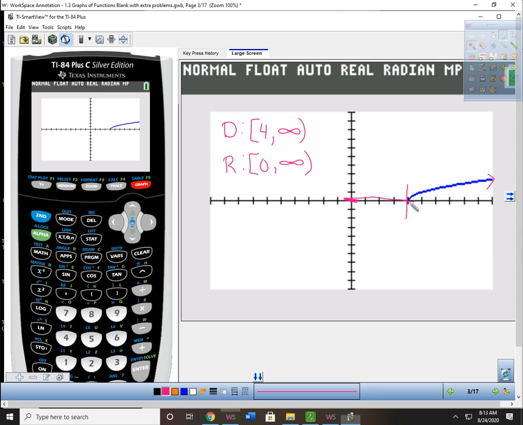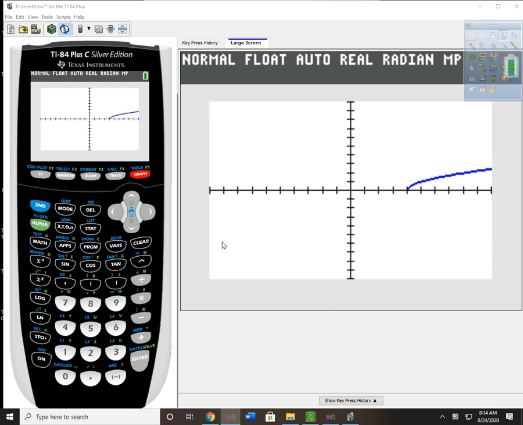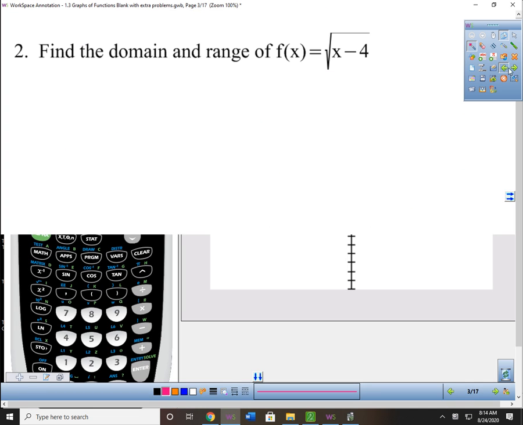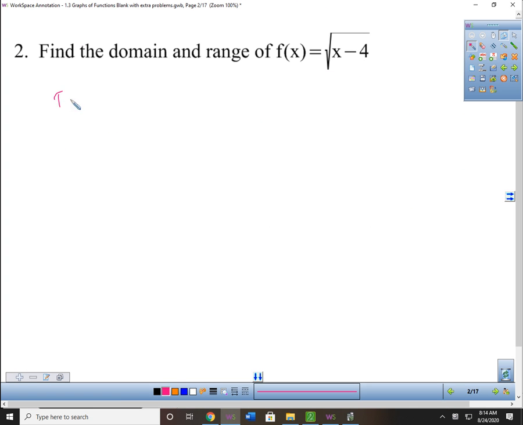Range, how low, starts at 0, goes to positive infinity. 4 to infinity and 0 to infinity.